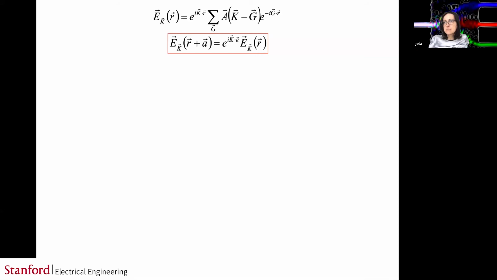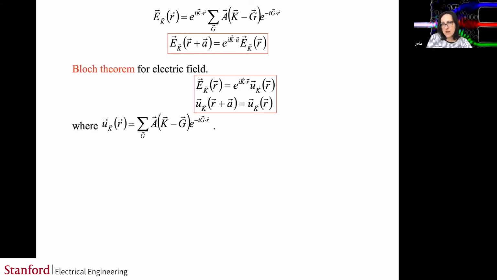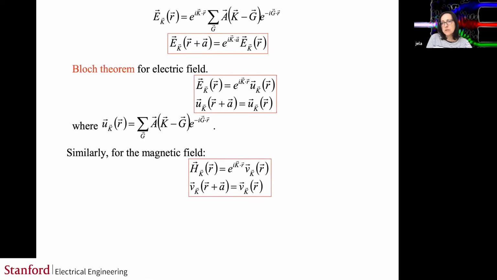And since different Fourier coefficients in the field expansion, written on different reciprocal lattices, satisfy completely independent systems of equations, you can decompose the field into these normal modes that we found are Bloch modes. They satisfy Bloch theorem, and they're completely periodic with the periodicity of the reciprocal lattice. In other words, you just need to have them inside of the first Brillouin zone, and outside they're exactly the same. You don't need to recalculate them.